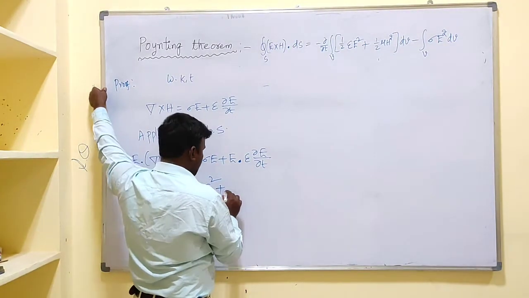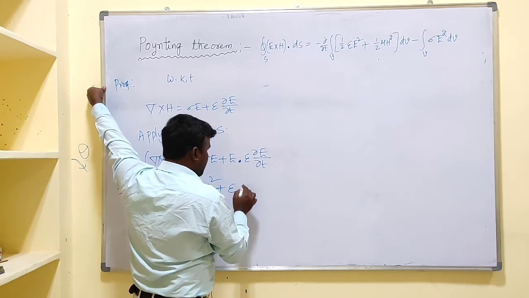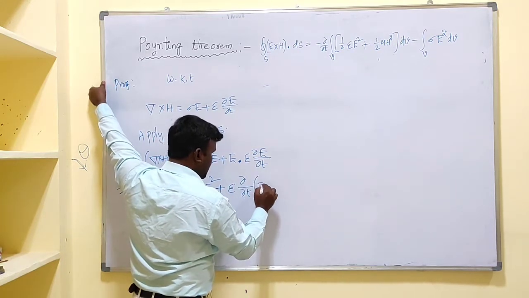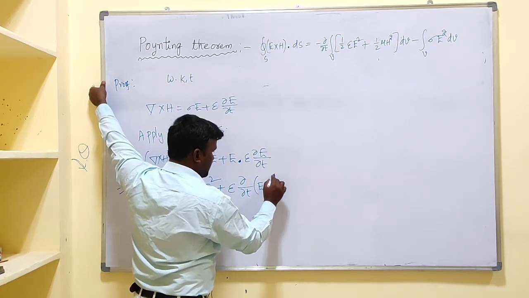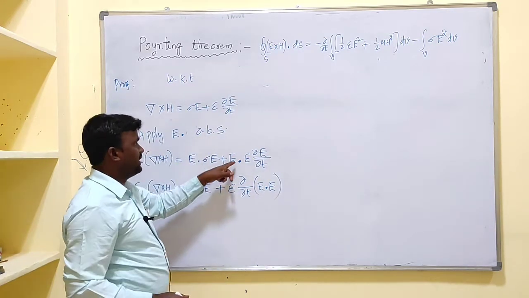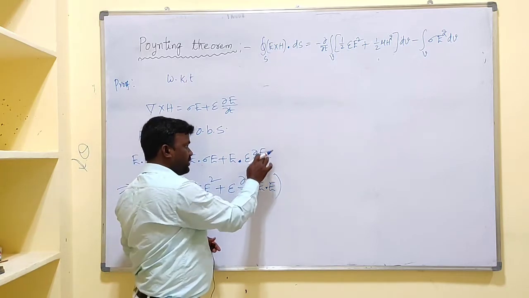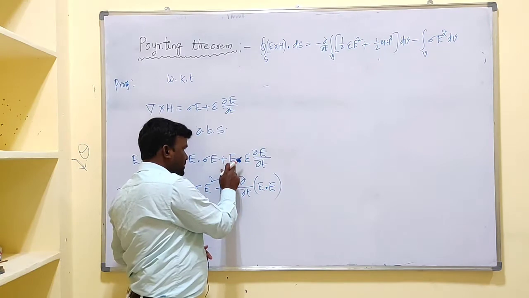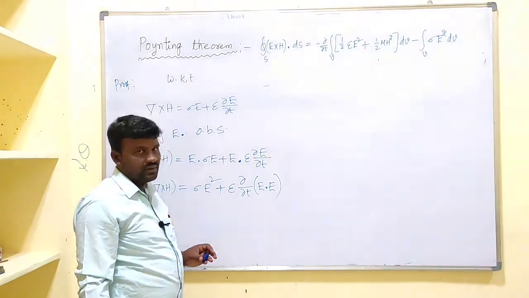The second term can be written as epsilon dou by dou t of E dot E, or else epsilon dou E by dou t dot E. This varies with respect to time.